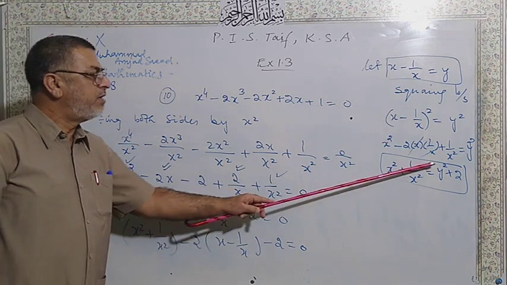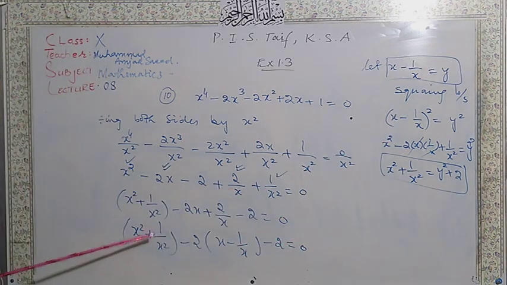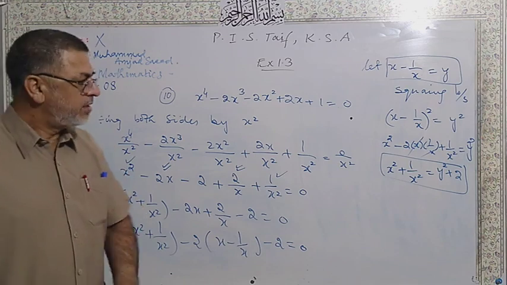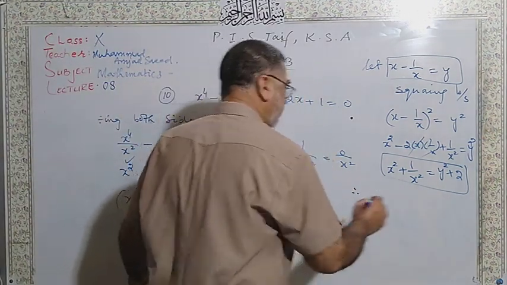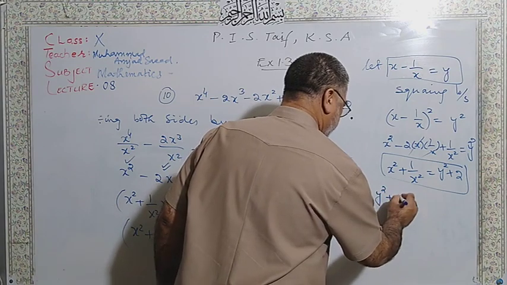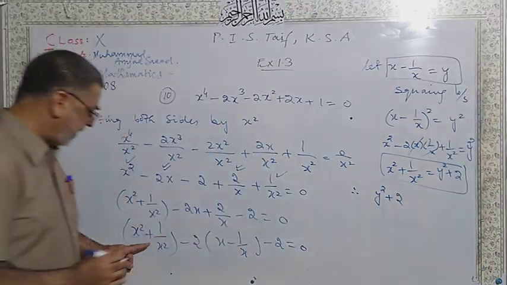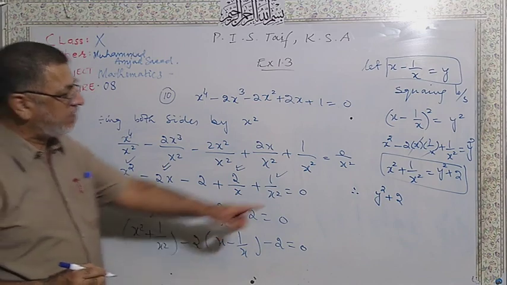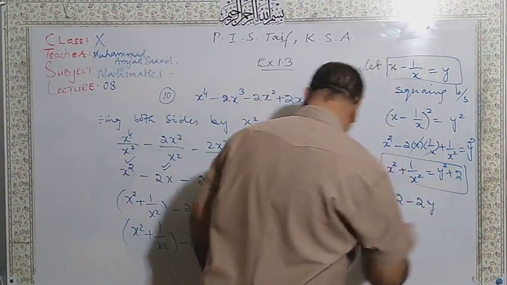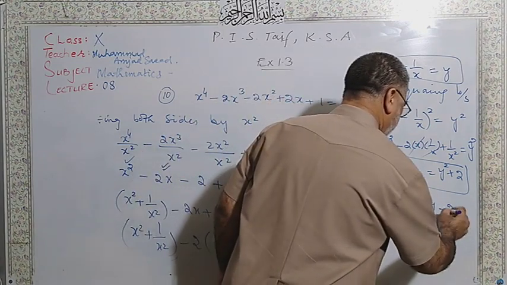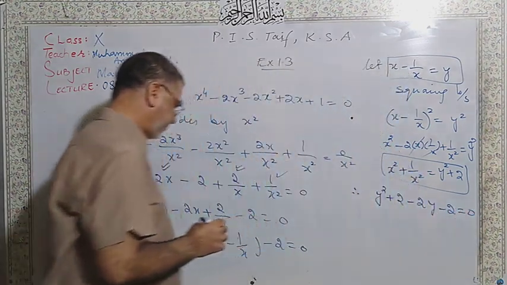After simplifying, we got the value of this first bracket, x square plus 1 over x square. Therefore, our equation reduces to y square plus 2. Instead of x square plus 1 over x square, y square plus 2. Then minus 2y, and minus 2 is equal to 0.